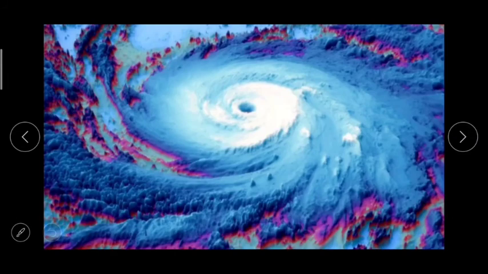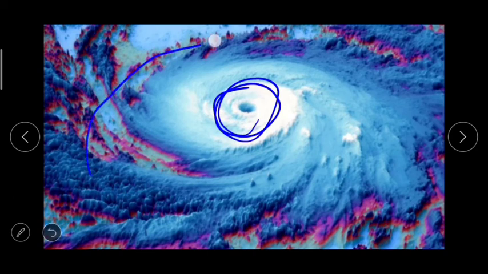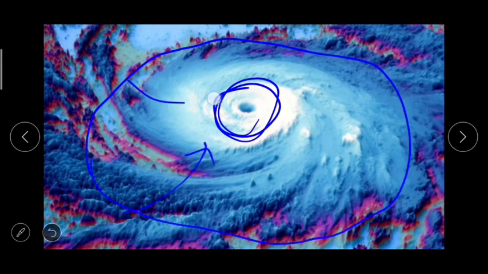In detail we'll see now. Here again by this figure you can easily understand this one is the area where cyclone is formed, which is because of the low air pressure surrounded by high air pressure. So from this high air pressure area, wind blows towards the low pressure area.